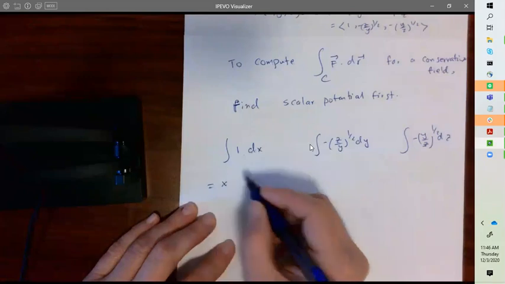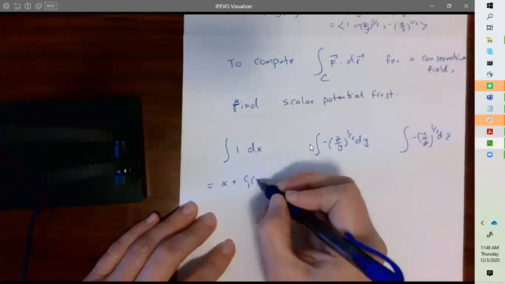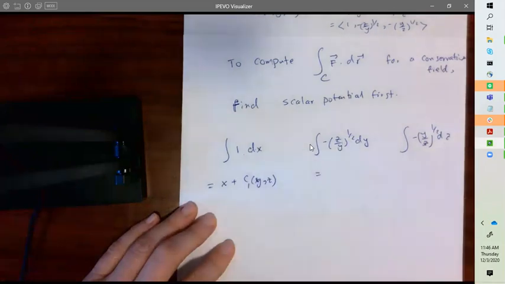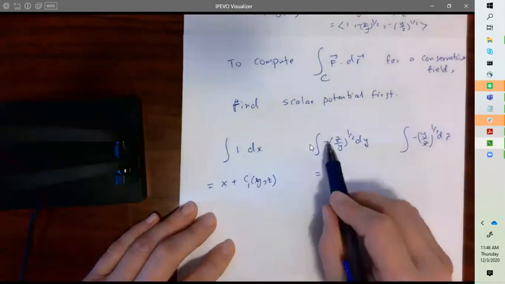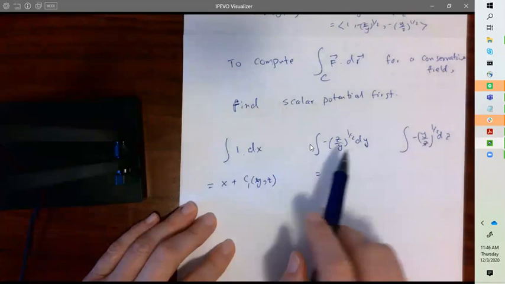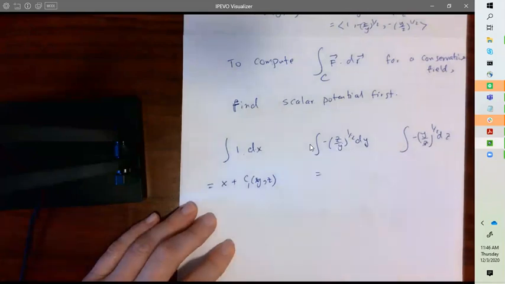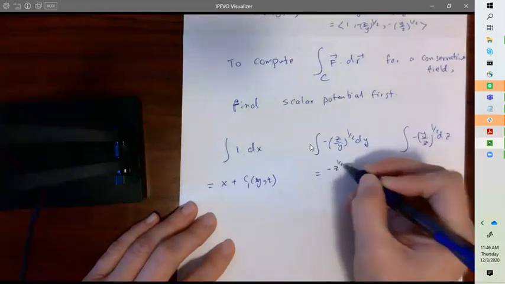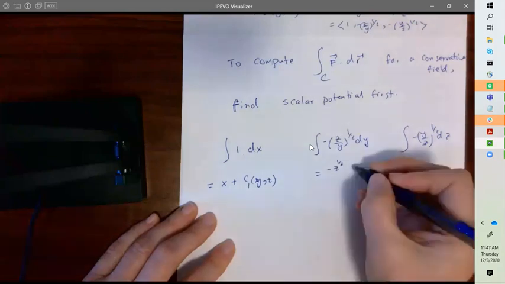And the constant is going to be in terms of the other two. So C1 of y and z. This one, y is the variable. So it's basically break it down into negative z to power 1/2 and y to power 1/2. And so y to power negative 1/2 becomes y to power 1/2 times 2.